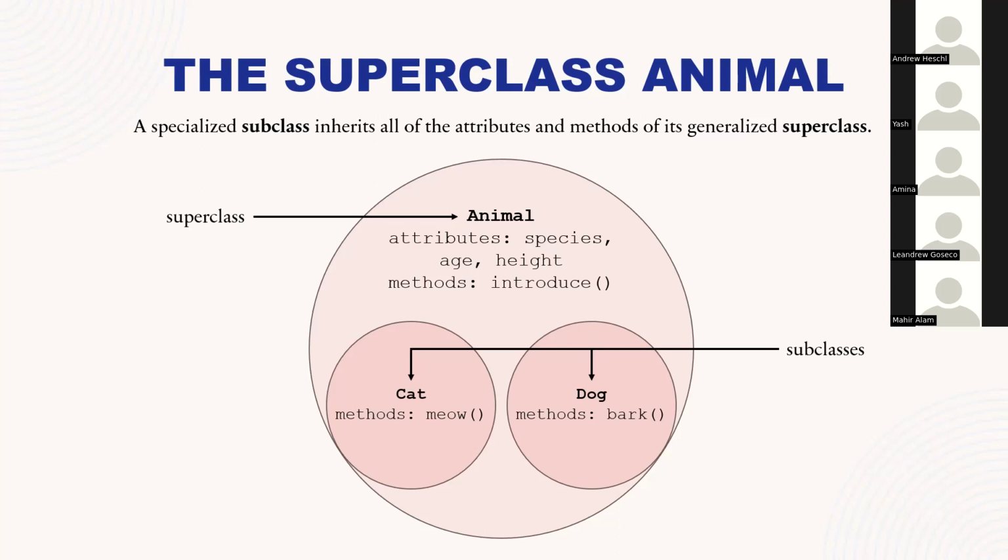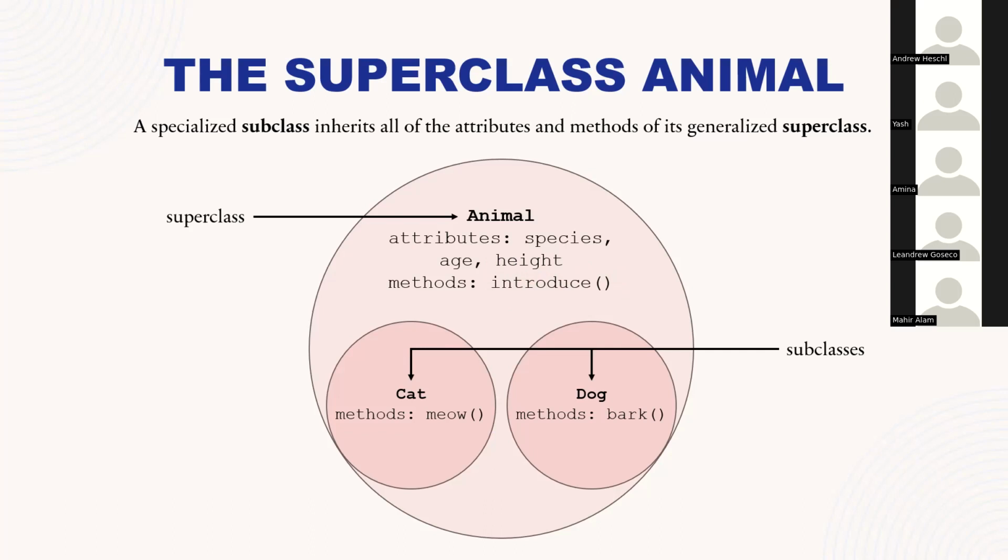So in this example, objects of class animal have three instance attributes, which are specified here. They store the species, the age, and the height of the animal. Okay, and they also support one instance method called introduce. And this just prints an introduction string for the animal.